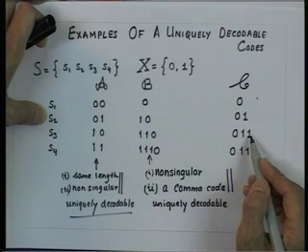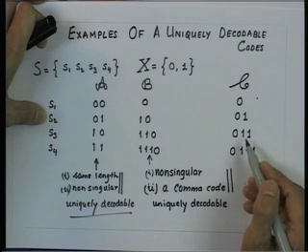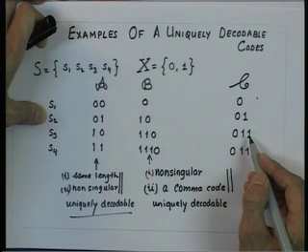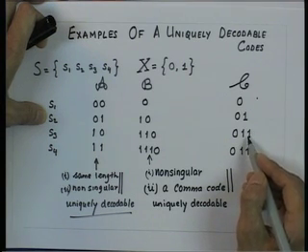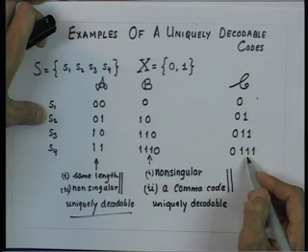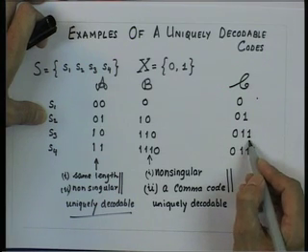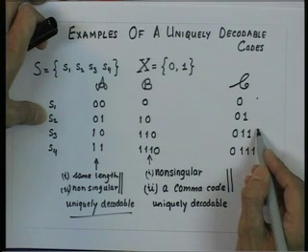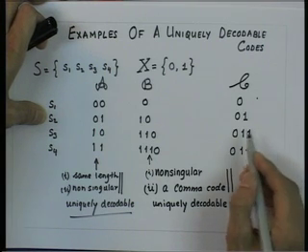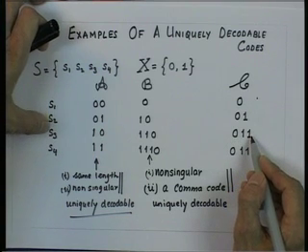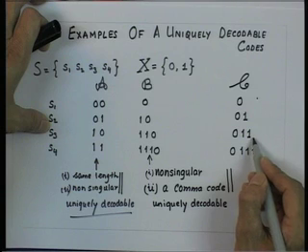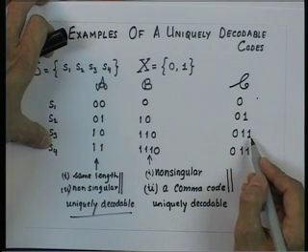Because if the next code symbol is 1, 1, then it could be either S3 or S4. After receiving 0 1 1, if I receive 0, then I can say that 0 1 1 is S3, but if I receive 1, then I have to say that it is S4.